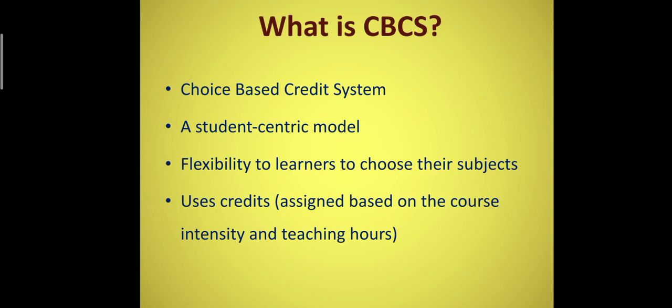Okay, and these subjects we call courses, right? In higher education we do not call them subjects, we call them courses. So these courses are divided into different units, which are given some credit. We call them credits. For example, unit 1 has 1 credit, unit 2 has 2 credits, unit 3 has 1 credit.